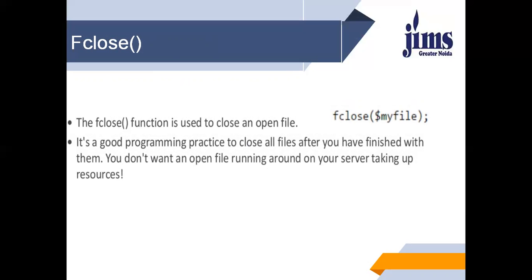So we will use fclose to close an open file. Simply you will use fclose and in brackets the name of the file. It's a good programming practice to close all files after you are finished with them.